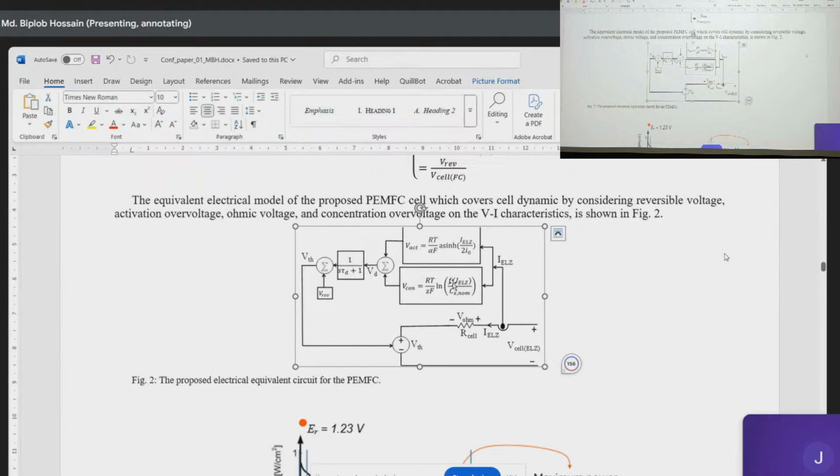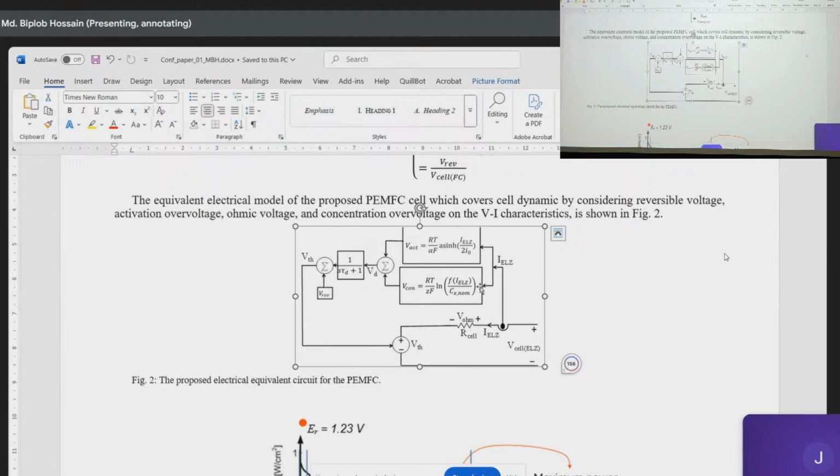Another thing we will see later, when we look at the VI characteristics of this fuel cell: when we have a sudden change in the external current profile, the voltage does not change instantly.